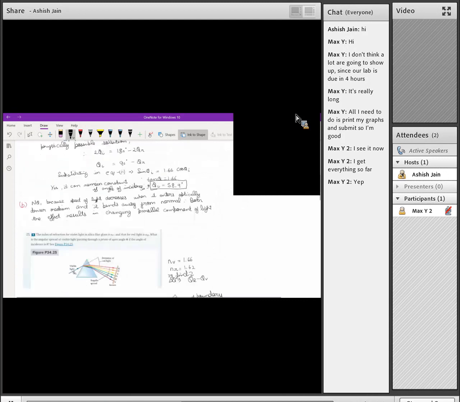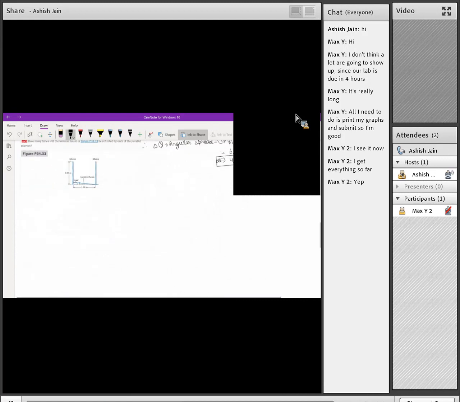We have two parallel mirrors, and the distance is given as 1 meter.